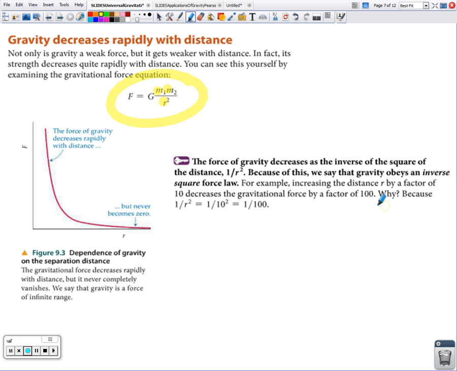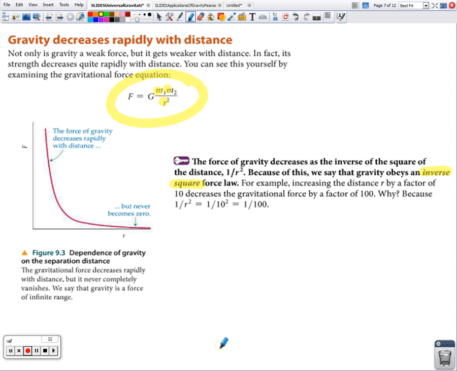So we refer to this as an inverse square force law. That's pretty inventive with the name. They called it inverse square because it's inverse and it's being squared. Somebody worked hard on that.